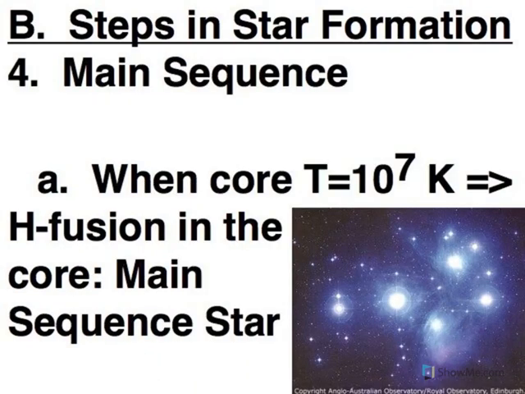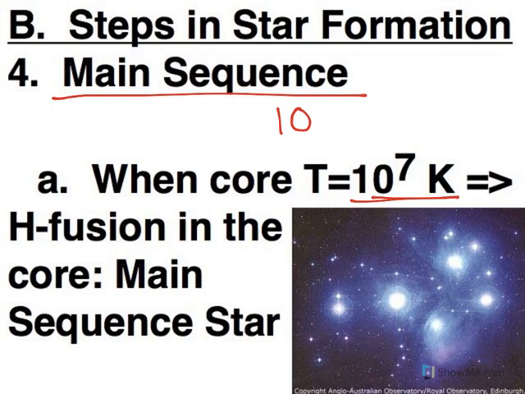When it officially becomes a main sequence star is a very specific temperature, 10 to the 7th Kelvin. So recall that's a 1 with 7 zeros after it. So that's 10 million degrees Kelvin. That's the temperature necessary for hydrogen fusion.